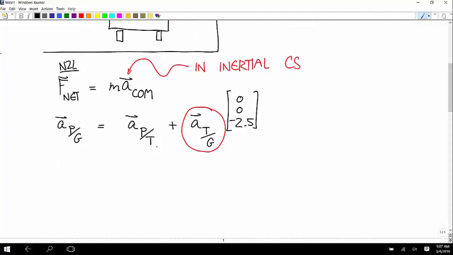And the passenger relative to the train, this is circular motion. It's moving with a constant angular velocity, and so the tangential term goes away, and we're just left with the centripetal acceleration.